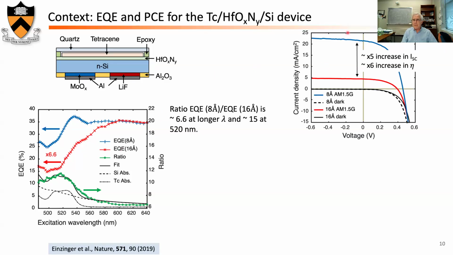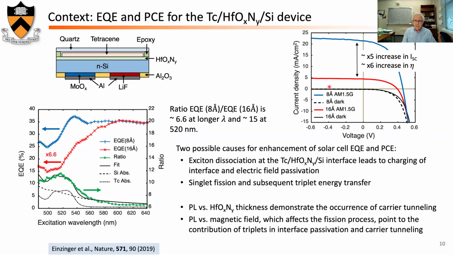The other thing, of course, is that the solar cell efficiency is significantly larger, again, for an 8 angstrom oxide than for the 16 angstrom oxide.